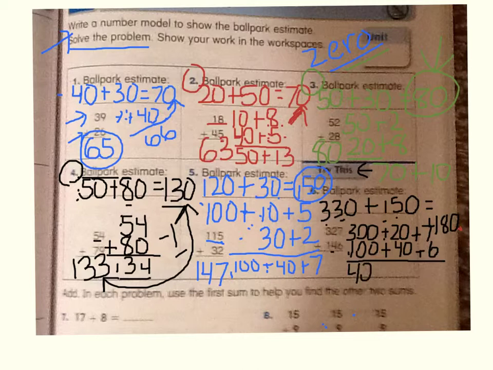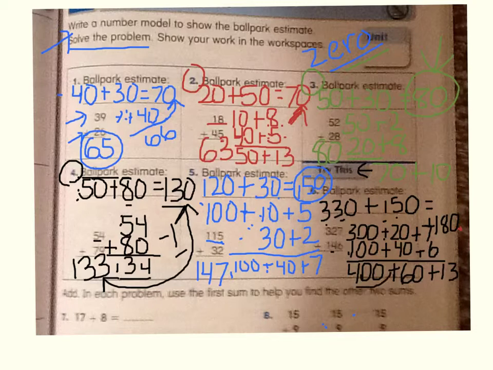300 plus 100 is 400, and 20 plus 40 is 60, and 7 plus 6 is 13.